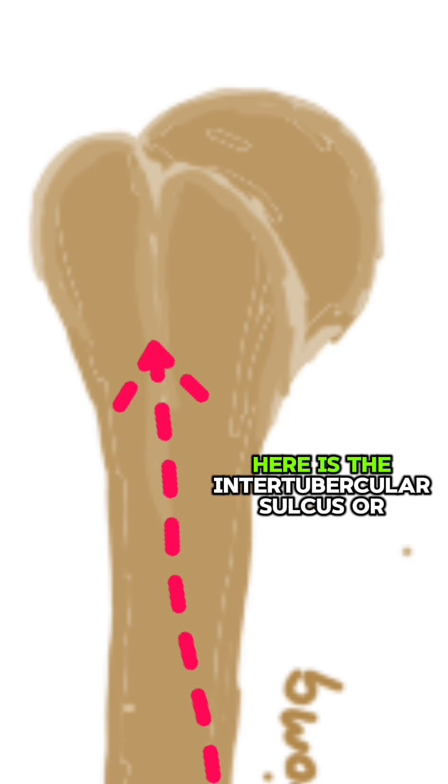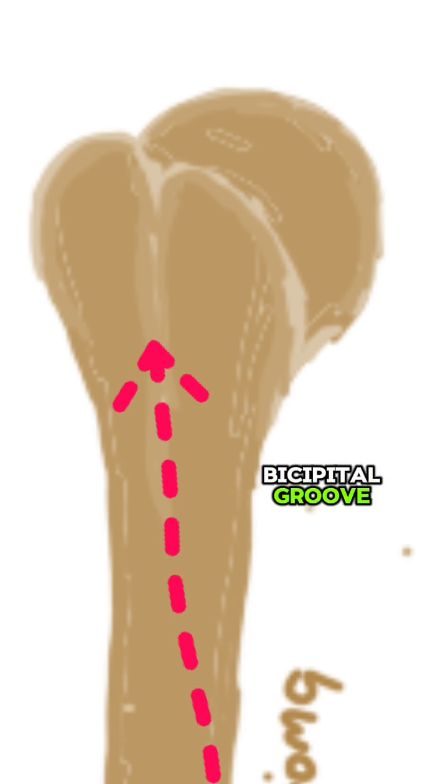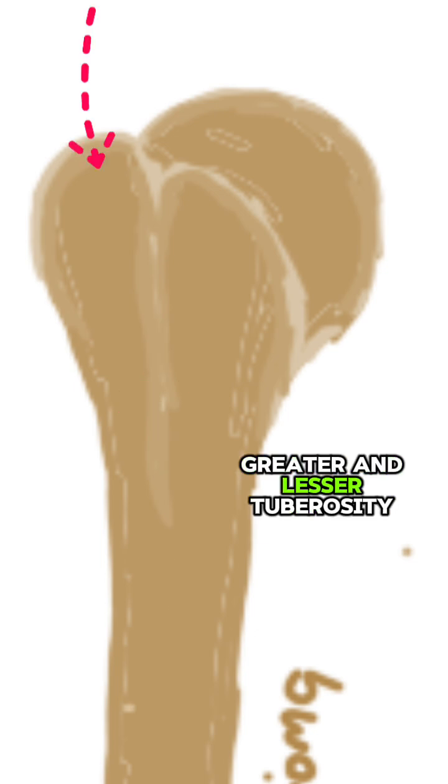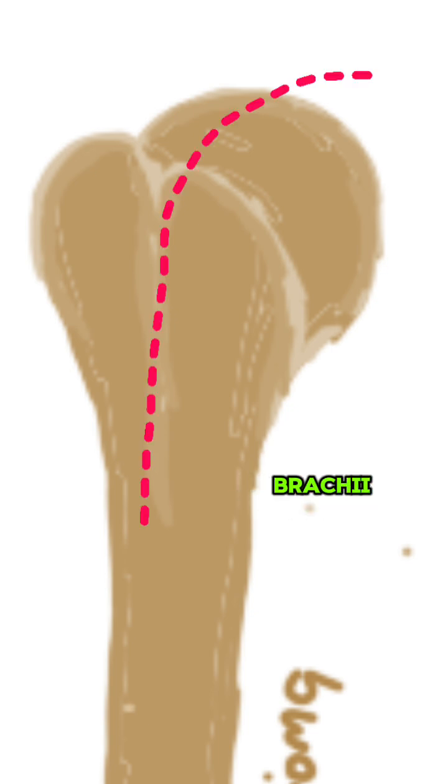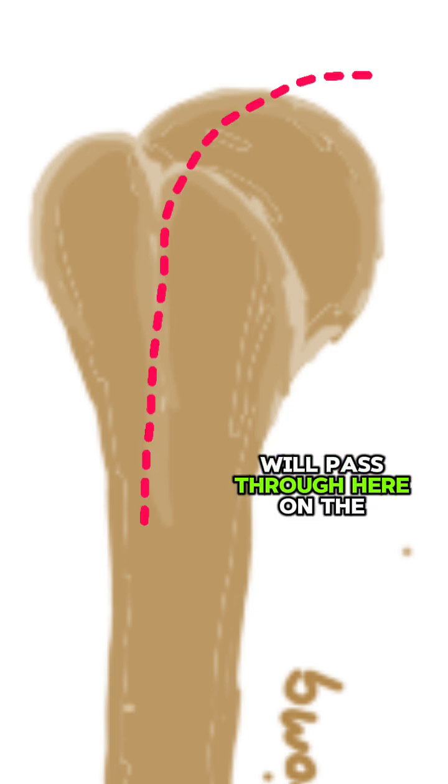Here is the intertubercular sulcus or bicipital groove. It is a groove lying between greater and lesser tubercle. So, we have the structures that you can find in the bicipital groove. The tendon of the long head of biceps brachii passes through here. On the lateral lip, the pectoralis major muscle attaches.